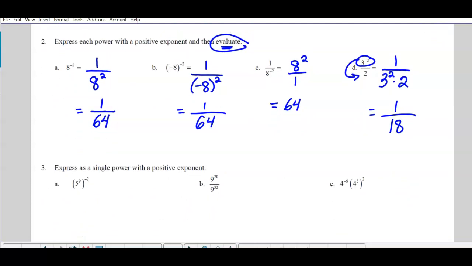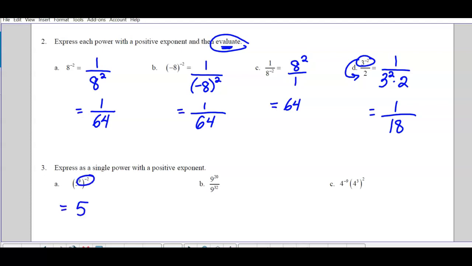Okay, so now we're getting into simplifying, which we've already reviewed those laws, but now we might have negative exponents. And if we do, once we simplify everything, if we get down to a power that has a negative exponent, then just show it with a positive exponent. So flip it. Okay? So here, power of a power, you multiply the exponent.